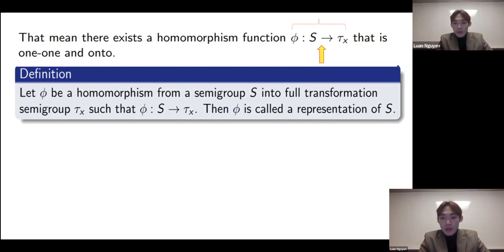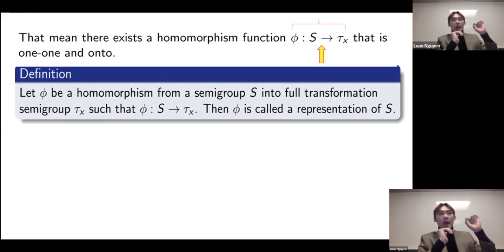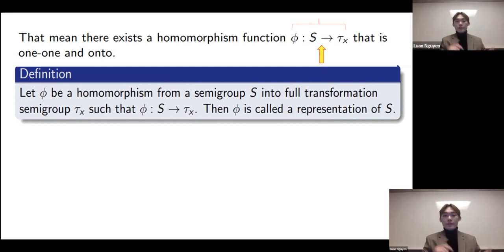Okay, and now can theta be one-to-one and onto? Well, to make theta one-to-one, let's say I add the identity element 1 into the semigroup, and then the semigroup becomes a monoid because it has the identity right now.